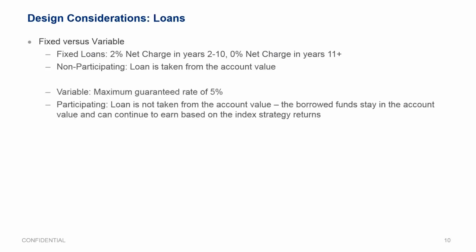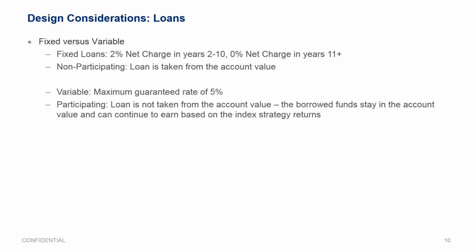Now, the client also has the option of a variable loan, and here's how a variable loan works. Again, on the Elite product, we're proud to offer that maximum guaranteed variable loan rate of 5%. Now, the primary difference between a variable and a fixed loan, besides just the interest rate charge, of course, is that a variable loan is a participating loan.